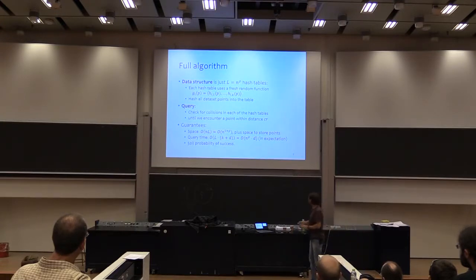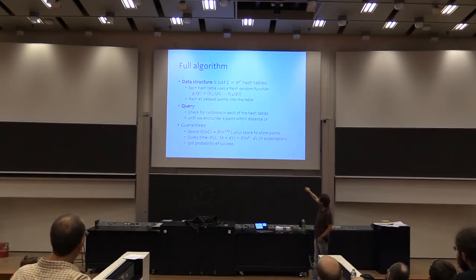Okay, and very quickly, at least the space and the query time guarantees should be immediately obvious. Namely, we have L tables, so there is order n space per hash table, we just hash n points in there. So it will be n times L, which is n to the power 1 plus rho, plus the space to store the points.